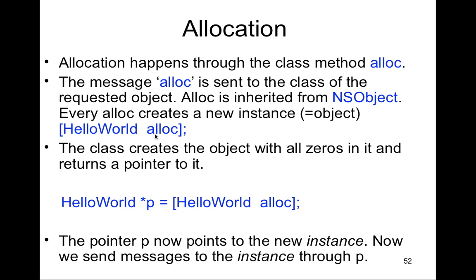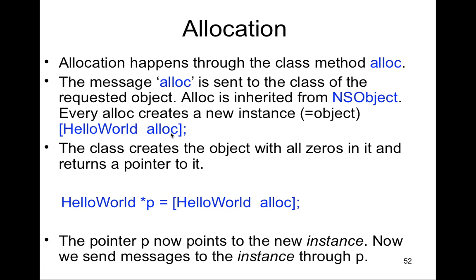So if I showed you this line of code here and asked you what this was doing, this is actually creating the new instance. So this is like saying new HelloWorld in Java, or actually in C++. But because of this method format that we're using in Objective-C, we go HelloWorld alloc, run the method alloc.